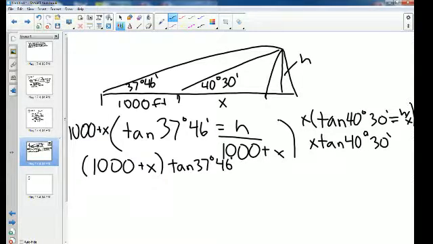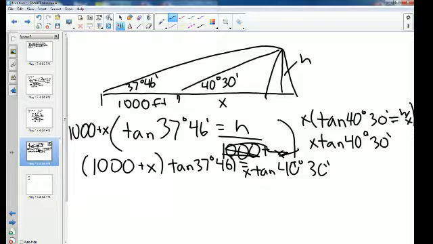Okay, so therefore that makes h, this area right here, equal to x tan 40°30'.